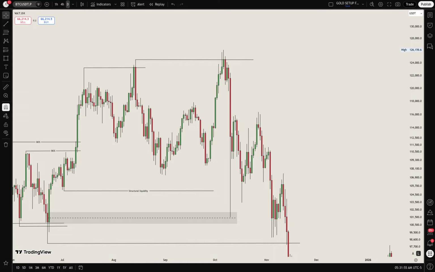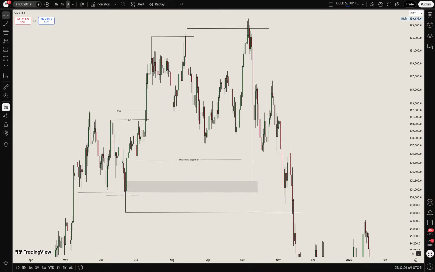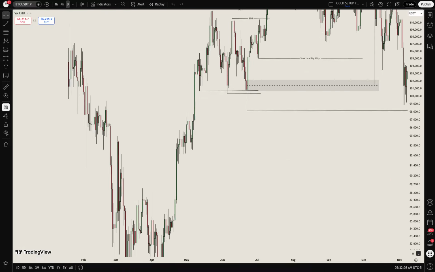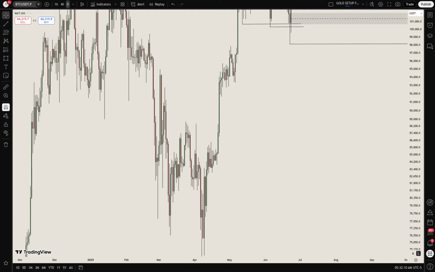If it had closed with a body, this was supposed to hit CP. Now this is one example, and this is how you are supposed to see structural liquidity, but not with the error that happened here.